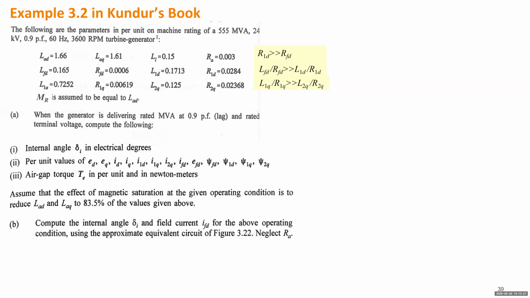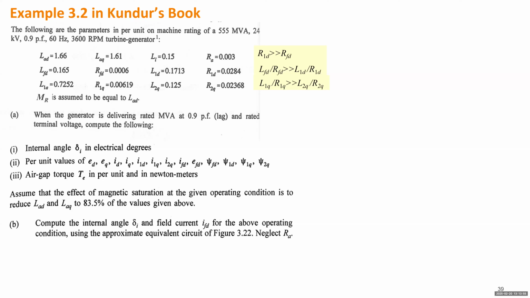When you add a second damper winding, it's supposed to model a different dynamic. If the second damper winding has similar L and R values, you don't need to add a second one. You want to add a very different one. That makes R2Q much bigger than R1Q.